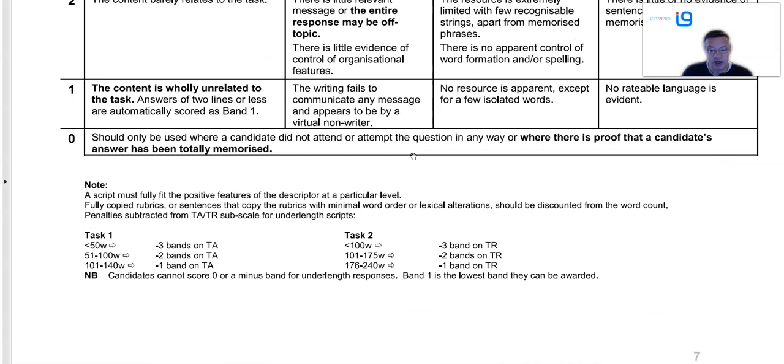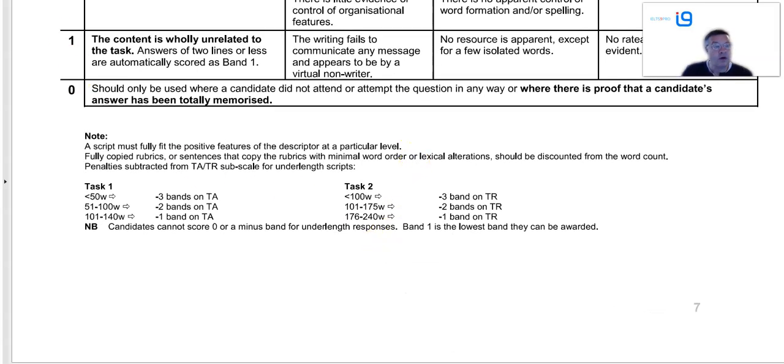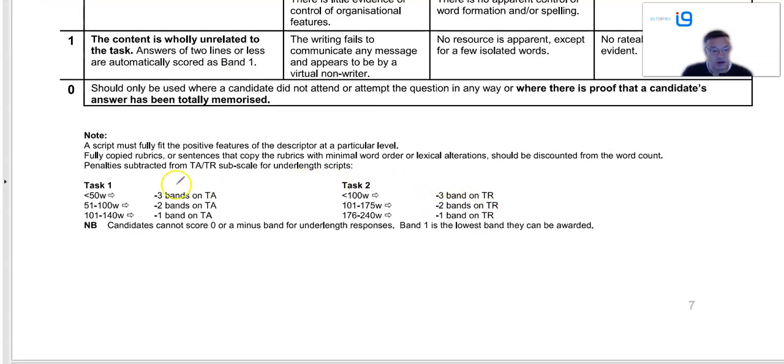Hang on, let me get my pencil out. Yeah. Minus 1 complete band under length. Yeah, so automatically you're losing a band depending on how low it is. Okay.